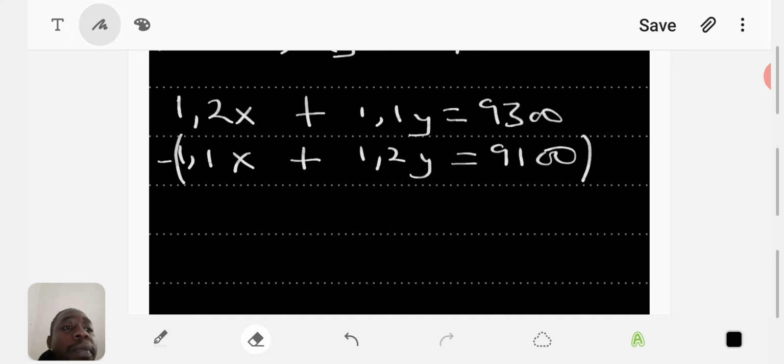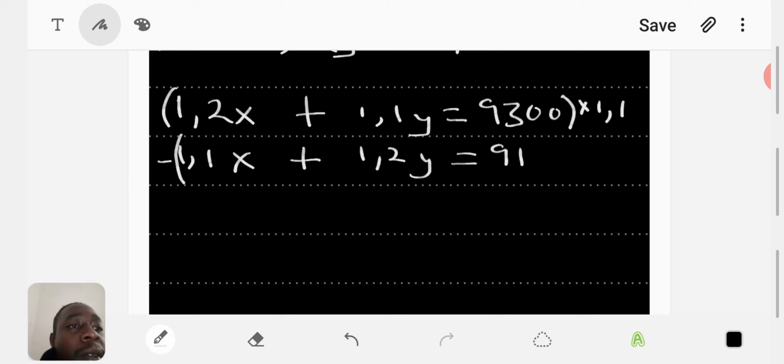So we're going to multiply it like this: this one by 1.1, and here we multiply by 1.2, right?